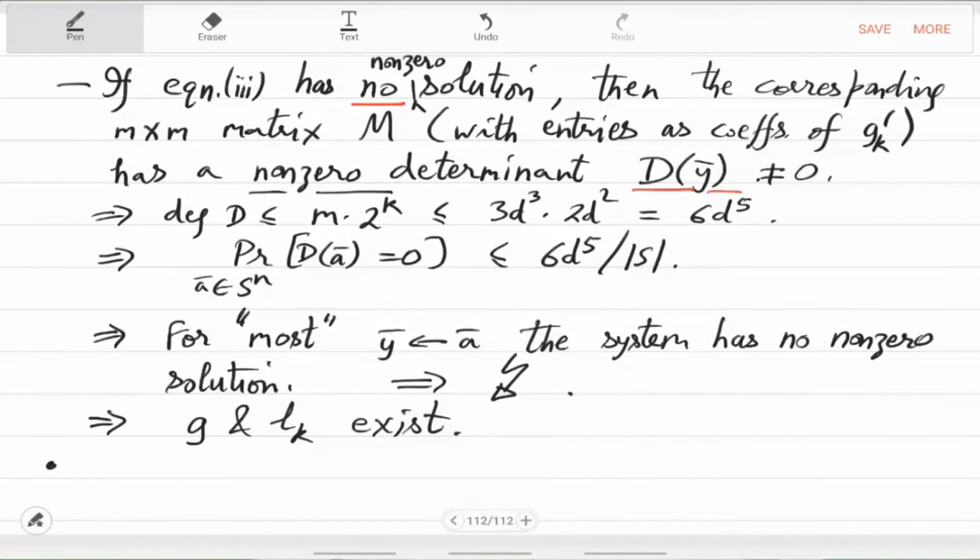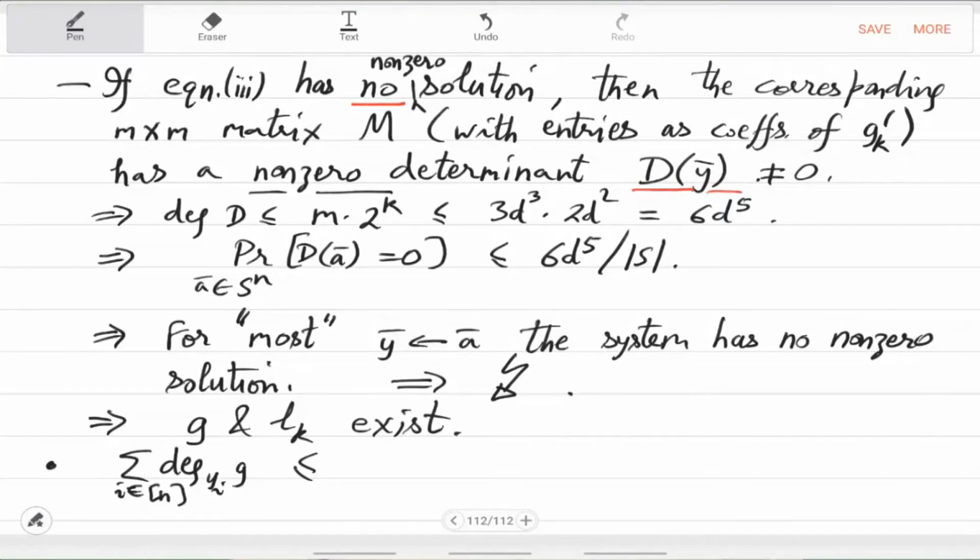Sigma of degree of g yi, i from 1 to n, this is what? This will really depend on the degree of the determinant, because remember that you have a homogeneous linear system. The solutions of this linear system will actually be given by ratio of determinants.